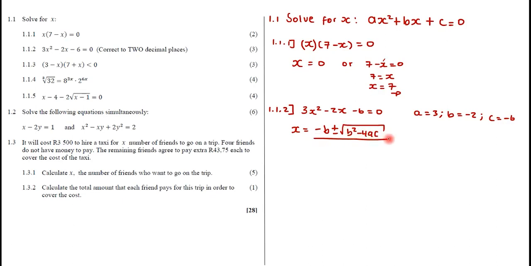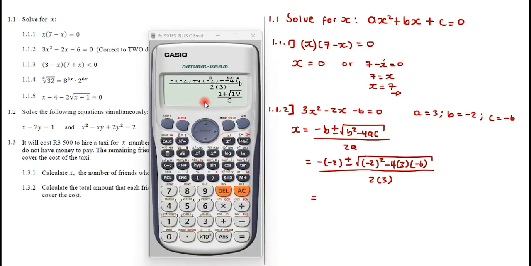and then from there I am going to substitute. So when I substitute, this will be minus minus 2, plus or minus the square root of minus 2 squared minus 4 times 3 times minus 6, then this will all be over 2 times 3. And then now using the calculator, you can see that when we punch in everything there, we get the first value being 1,79.